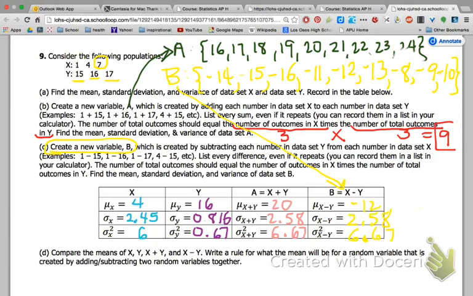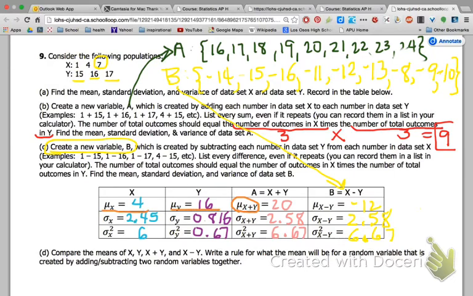And hopefully you came up with those numbers. So now I'm interested in how it is that I might be able to arrive at this value, the mean of them added together, if I compare the mean of x and the mean of y individually.